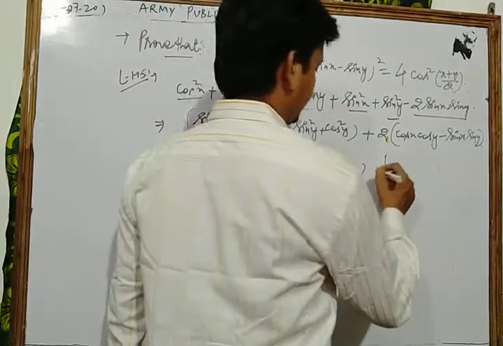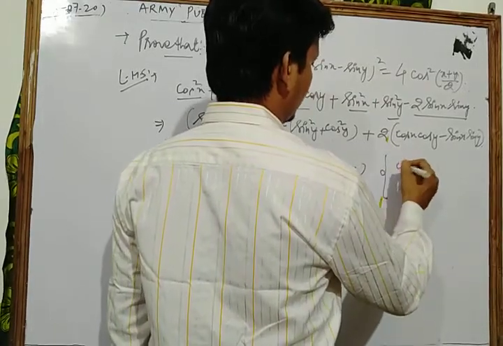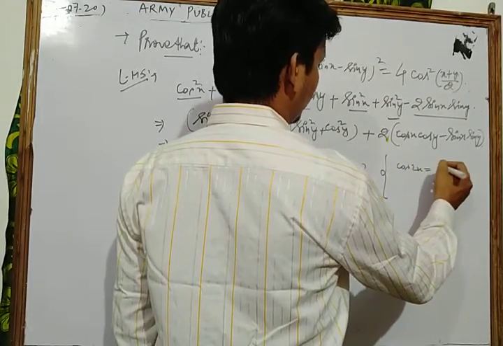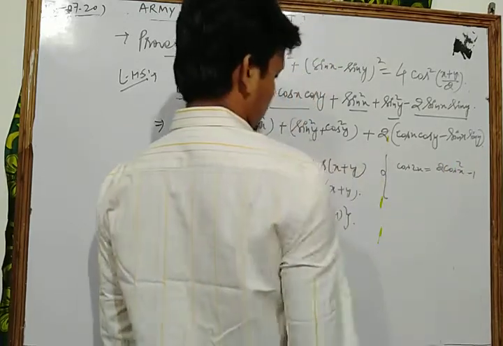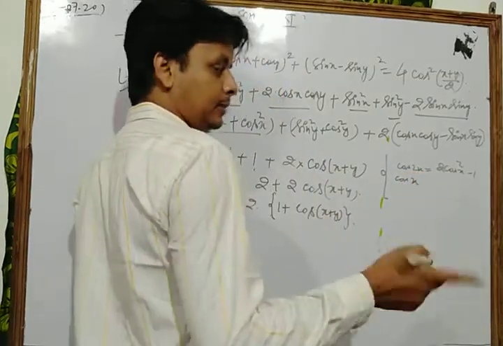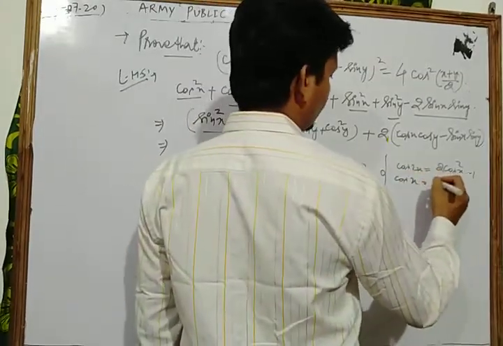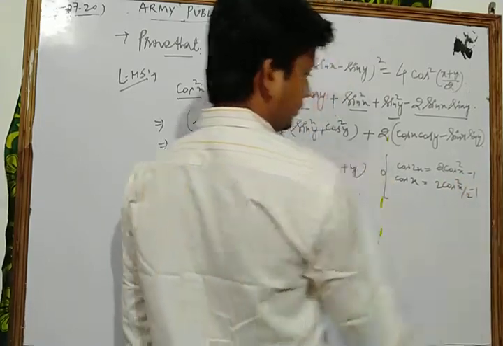We know the formula for cos 2x in terms of cos, that is 2 cos square x minus 1. If we replace x by x by 2, we get cos x is equal to 2 cos square x by 2 minus 1.